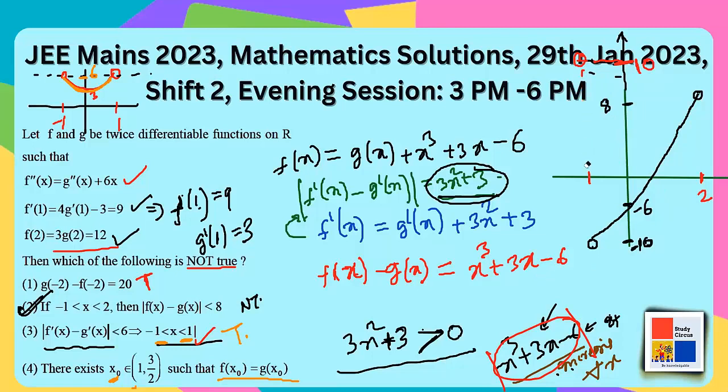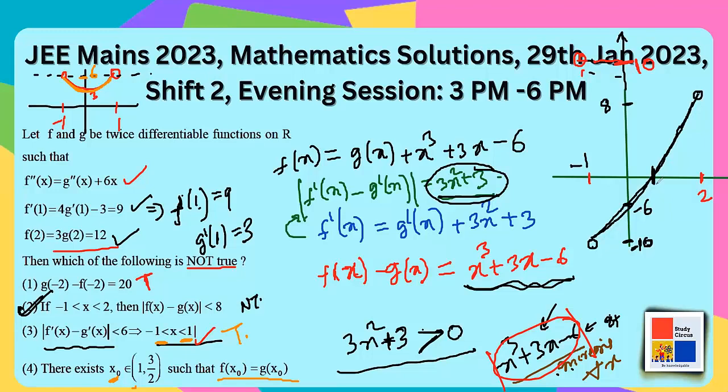This one here, the black line, is the graph of x cube plus 3x minus 6. Obviously, this is a continuous function, increasing only. The value of this thing at -1 was -10, and at 2 it is 8, and it is continuous. So obviously, it will intersect the x-axis at some point. That is the root point, okay?